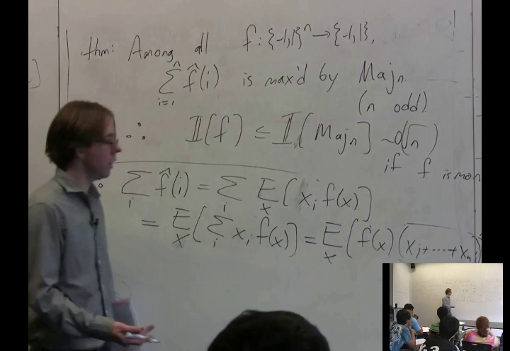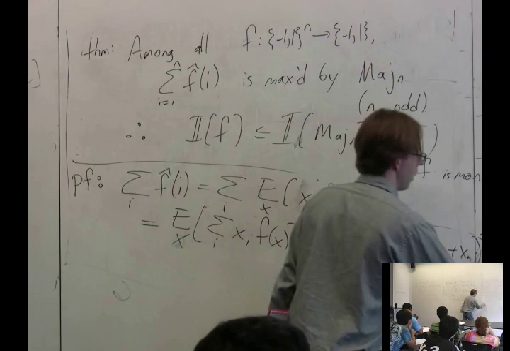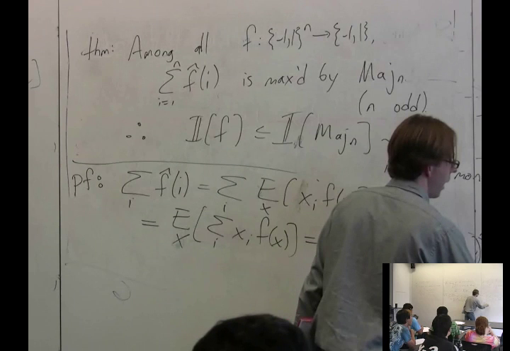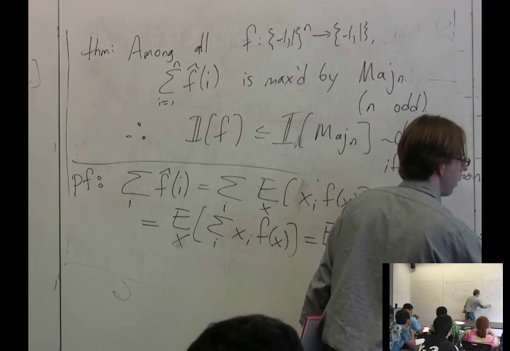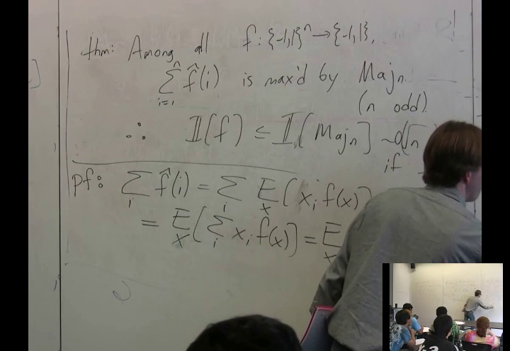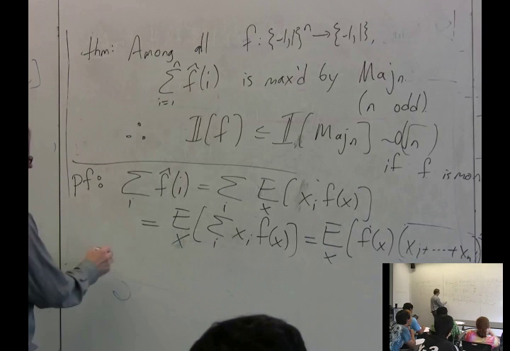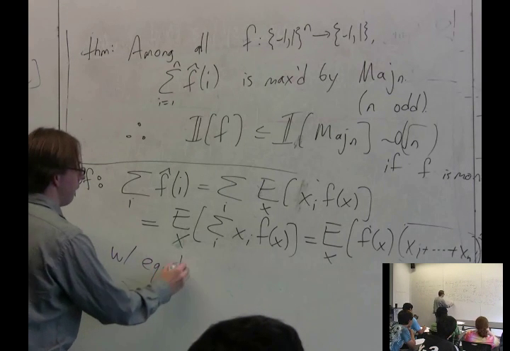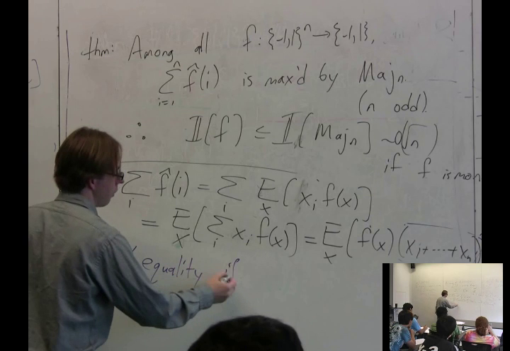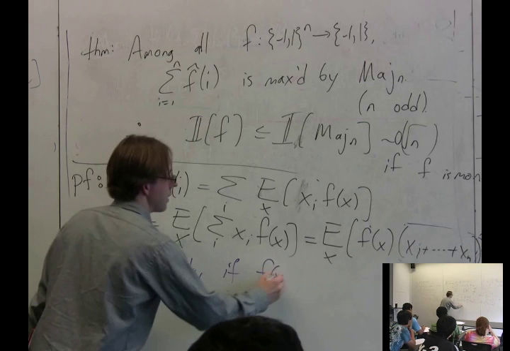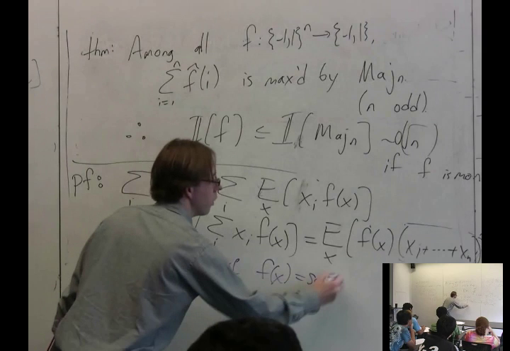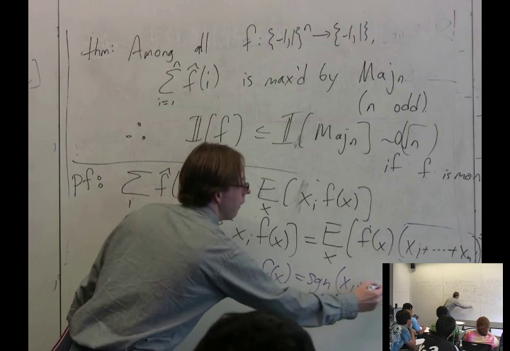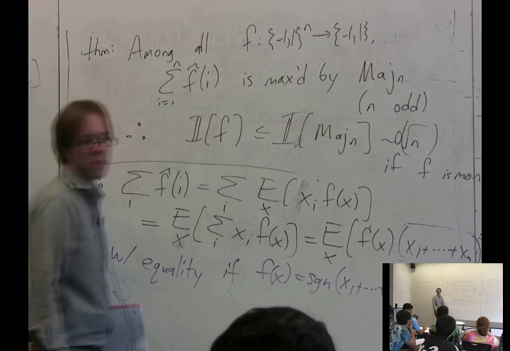And in particular, it would be, at most, the absolute value of this thing. But specifically, with equality, if and only if f of x is the sign of this quantity, which is to say f is majority.